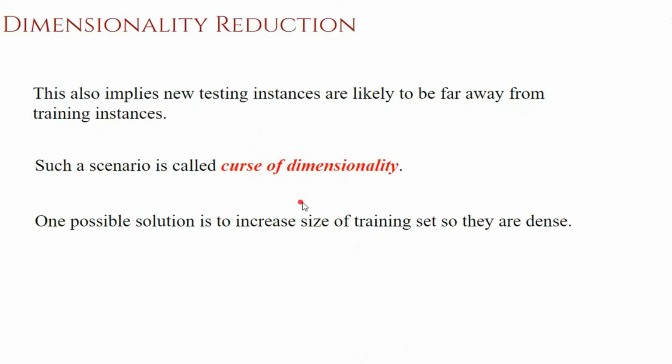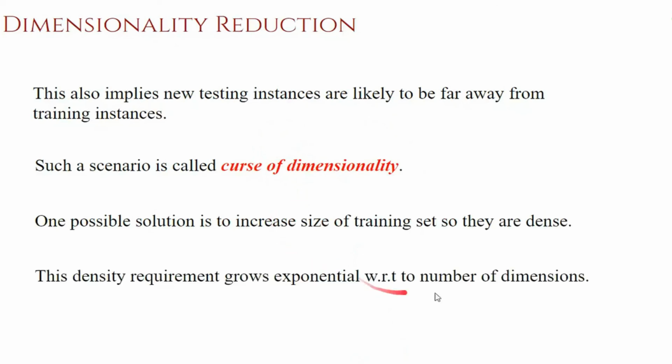That is one solution. Another solution is we can somehow try to reduce the dimension so that we also end up with a dense cloud of points. So instead of using 10,000 features, if you could somehow reduce it to 1,000 features, increase the density, and solve the problem robustly. And if we think about which is easier, collecting more training data or reducing the number of dimensions, we would stick to reducing dimensions, because trying to get more training samples is challenging.